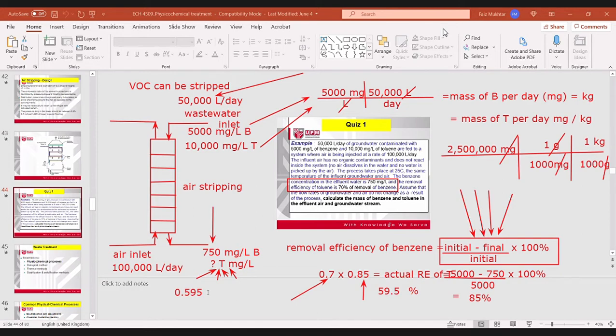So it's 0.595 equals the initial for toluene, which is 10,000, minus X, over 10,000, and this is of course times 100%.